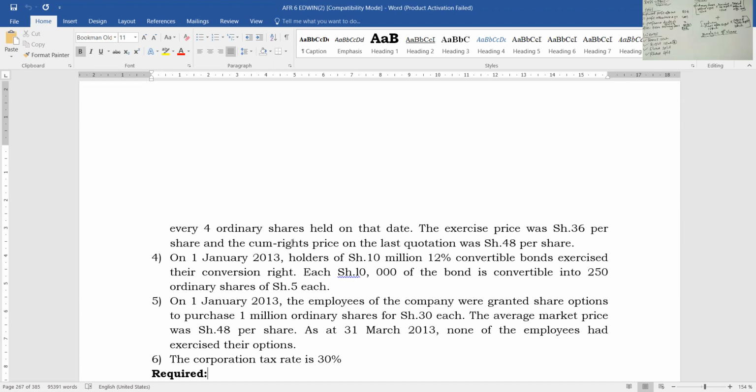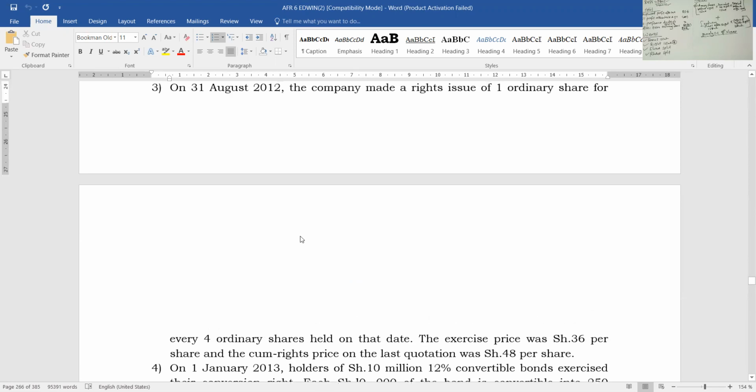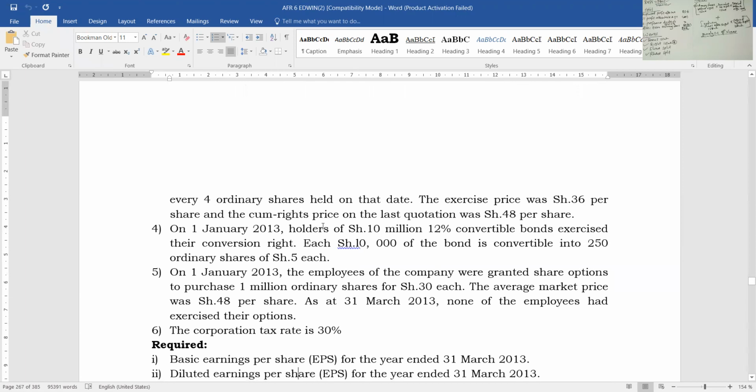So what you need to know is that a rights issue is whereby the entity issues shares to the existing shareholders at a lower price than the existing market price. Here you can see the entity issued shares in a certain proportion to the existing shareholders at a lower price, which is 36, because the exercise price was 36.